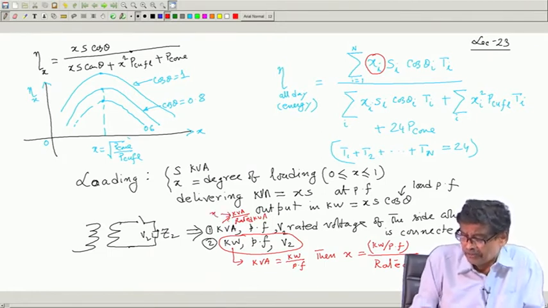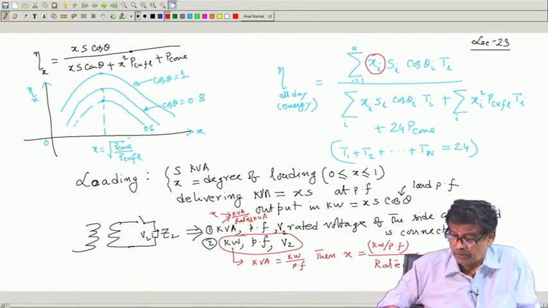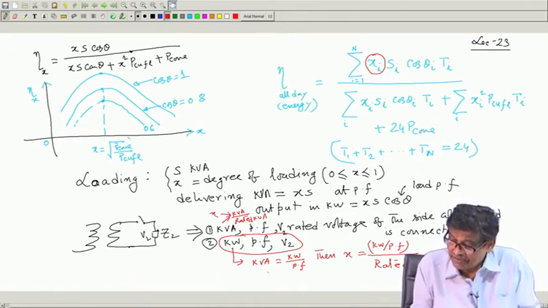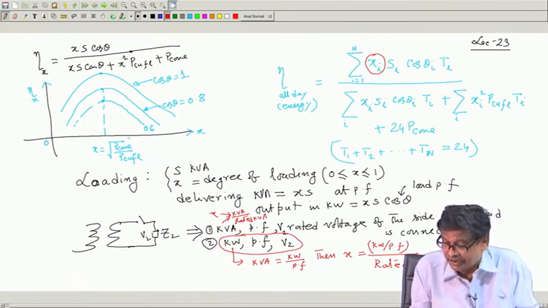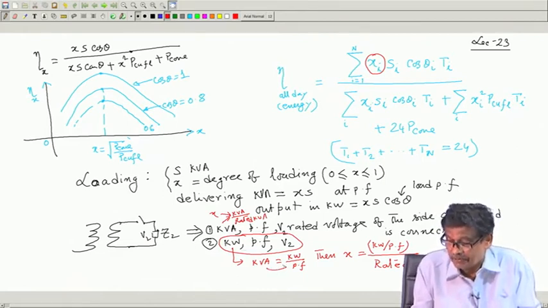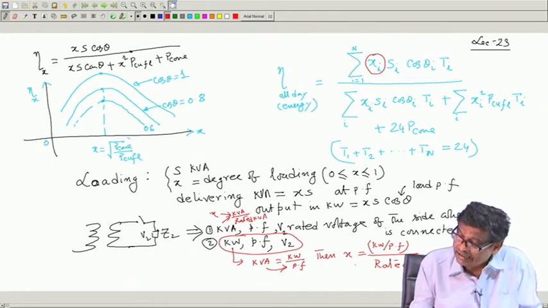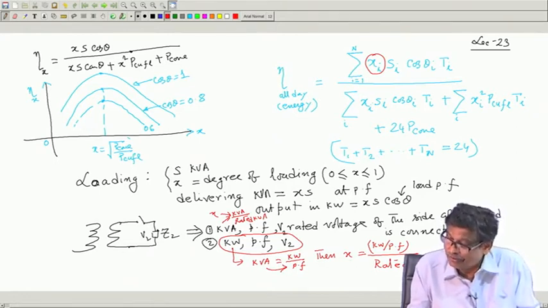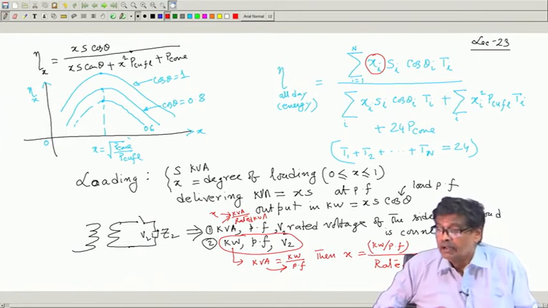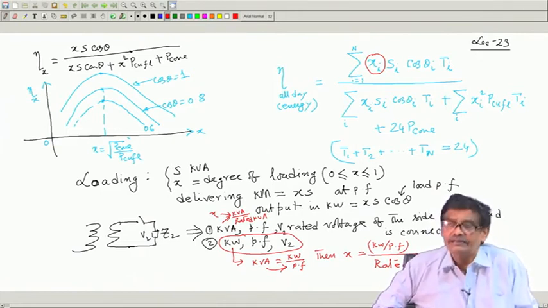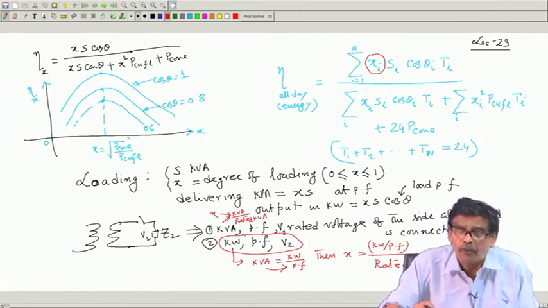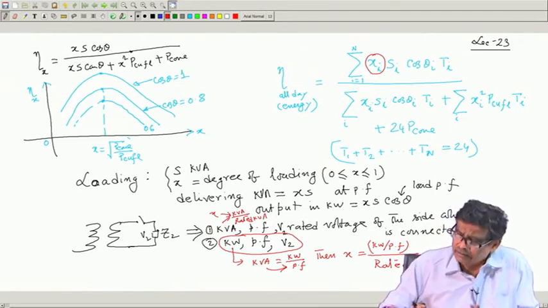If the load is specified in terms of kilowatt, power factor and V2, then the kVA at which it is operating is kilowatt by power factor, and then x corresponding to this load will be this. But I will insist that you do not memorize this formula, never do it.